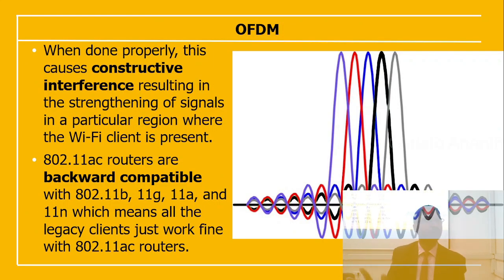When you do it properly, it causes constructive interference that results in the strengthening of the signals in a particular region where the Wi-Fi client is present. Okay, so 802.11ac routers are backward compatible with the 11b, 11g, 11a and 11n standards, which means that all of the legacy clients work fine with 802.11ac routers.